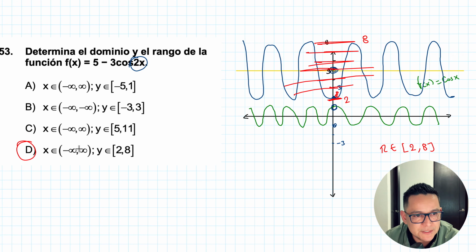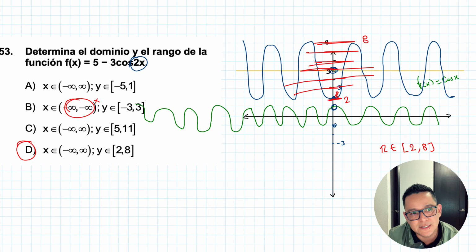Something important to tell you as well is that the domain, as you can see, is basically the same. Well, not here. Here, they're putting something else. If it goes from negative infinity to negative infinity, that's incorrect, right? Notice that in the others, it says they go from negative to positive infinity. Why? Because these graphs, let me go back to this one. This will always be this way. It never ends. And it's the same here, and with the one we have too.